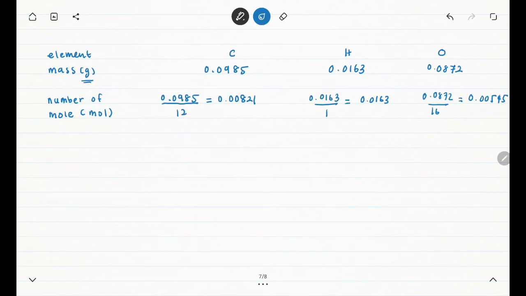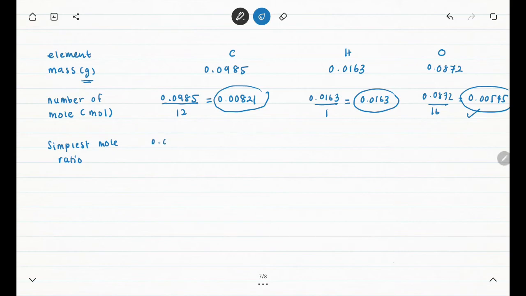After that, determine the simplest mole ratio. For the simplest mole ratio, we need to divide the moles that we calculated earlier by the smallest number of moles. So we compare these three numbers of moles. Which one is the smallest? The smallest one is 0.00545.